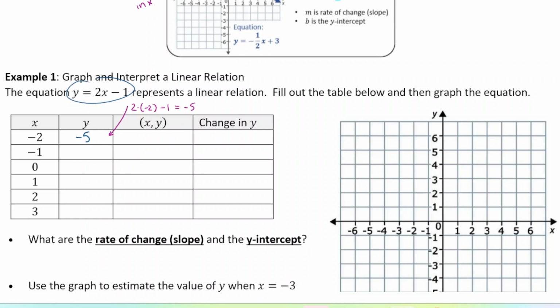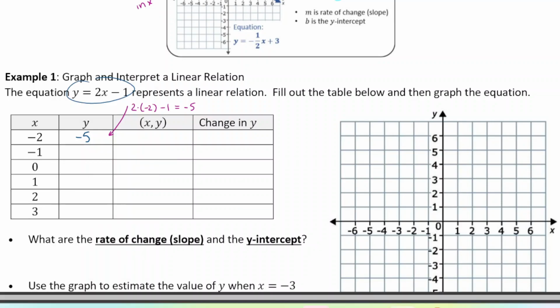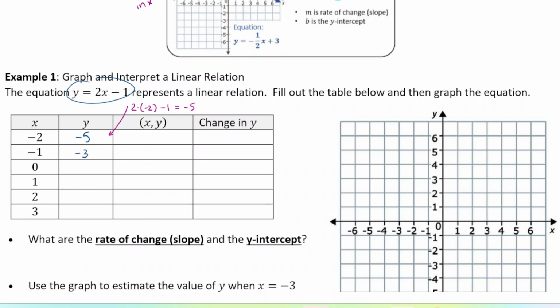If I plug negative 1 into the equation, 2 times negative 1 minus 1 is negative 3. 2 times 0 minus 1 is negative 1. And now we can already start to see a pattern forming. Every time here our y values are increasing by 2. If I plug in 1, I get 1. If I plug in 2, 2 times 2 minus 1 is 3, and 5.